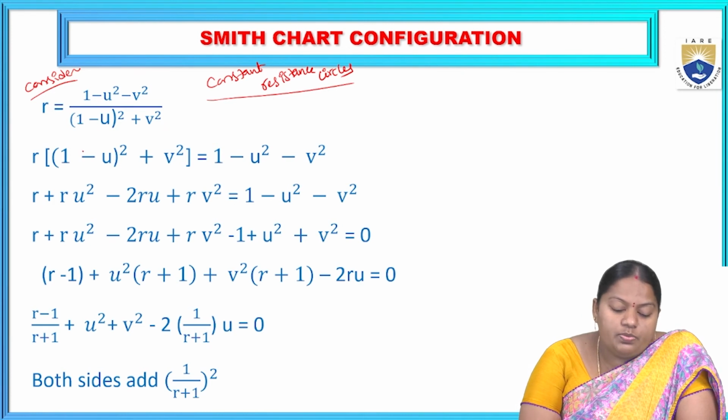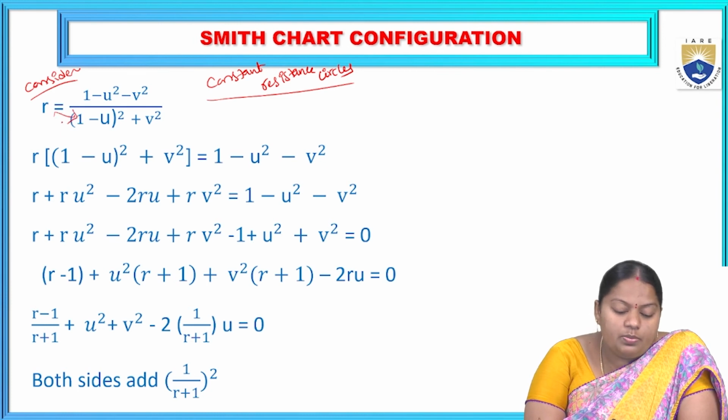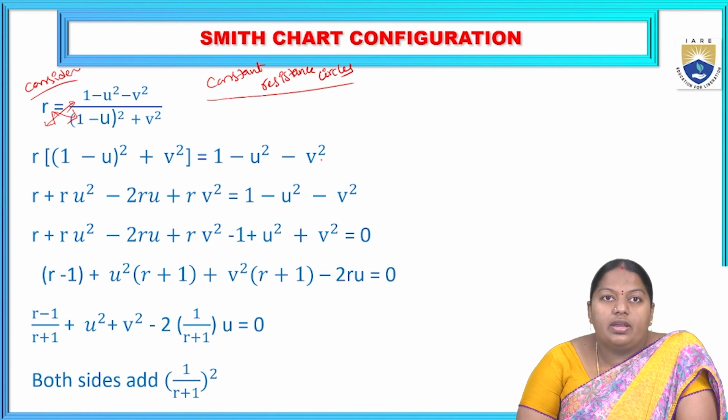Now cross multiplication between these two, then it becomes R into ((1 minus u) whole square plus v square), which is equal to 1 minus u square minus v square. Now from this, cross multiplication gives us R into ((1 minus u) whole square plus v square) equal to 1 minus u square minus v square, right?